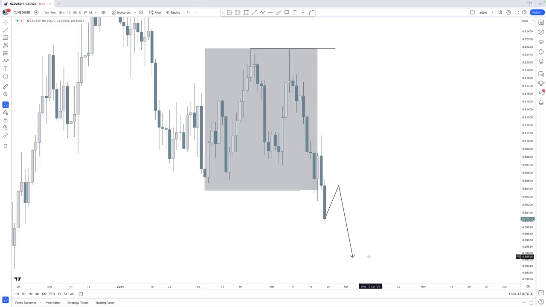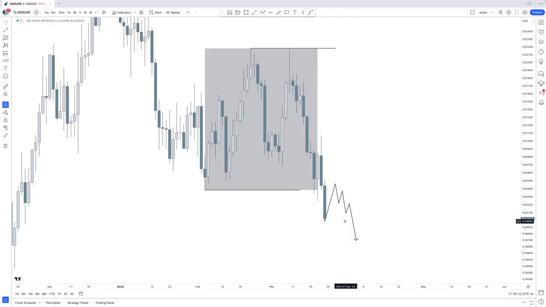What we now add into it, again, what we went over in the previous video as well, are those fair value gaps. Those create those short-term ranges. So if we now retrace back into that fair value area right there, we can potentially go into the lower time frame to find short-term ranges, order flow ranges, to continue lower off of that, to then reach again the low we created right there.